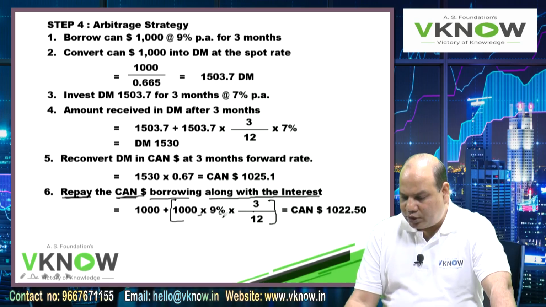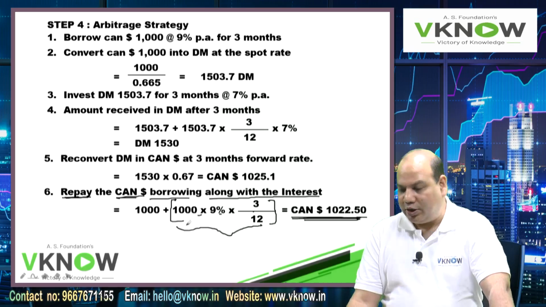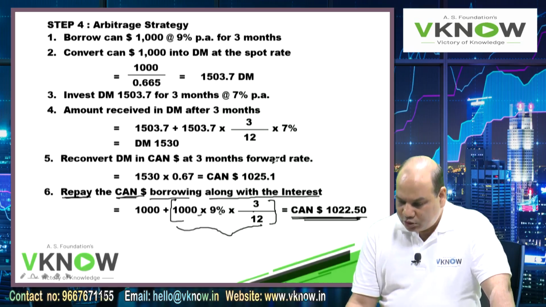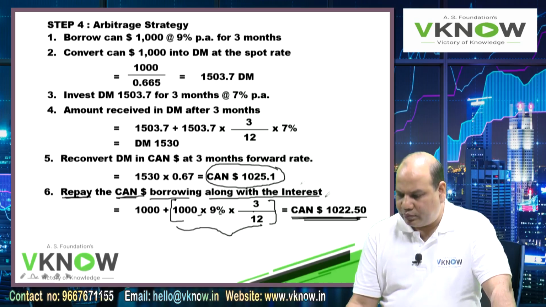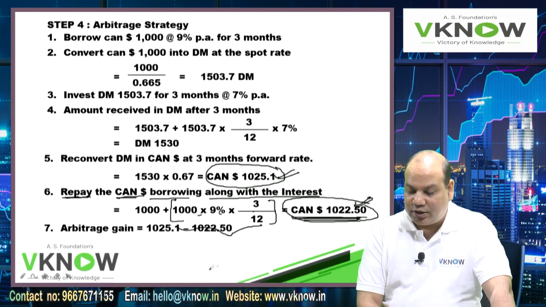So 1000 into 9% into 3 by 12. First you calculate interest, add 1000, you will get 1022.50 Canadian dollar. You are holding 1025.1. You will repay 1022.50. Are you left with some surplus? Yes.